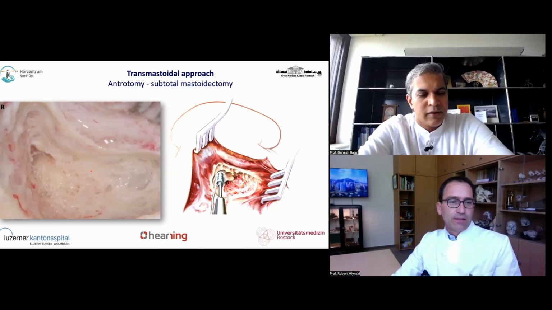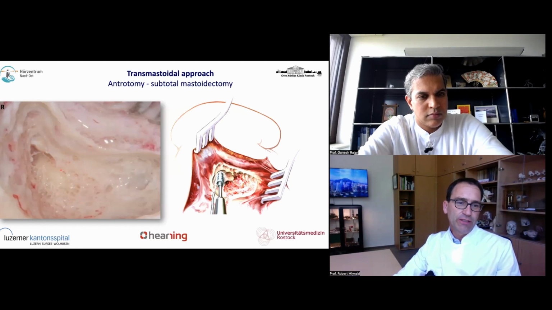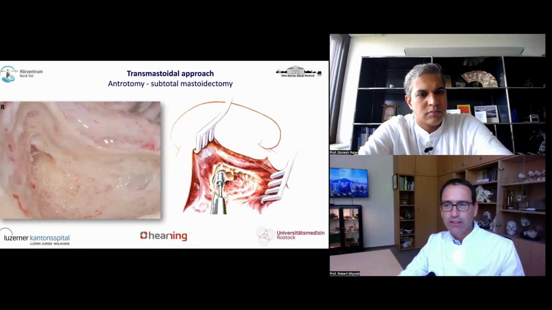Also important is that when you do your antrostomy, you really stick to the dura. I often see in revision surgeries that there's an antrostomy in the middle of the outer ear canal. This is actually the most dangerous point to do an antrostomy, because there you hit the fossa incudis, the semicircular canal, and the facial nerve.